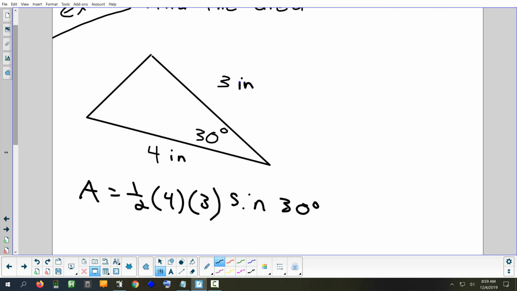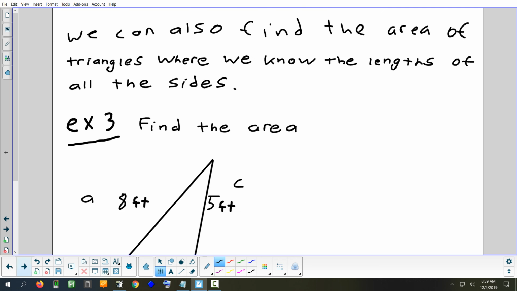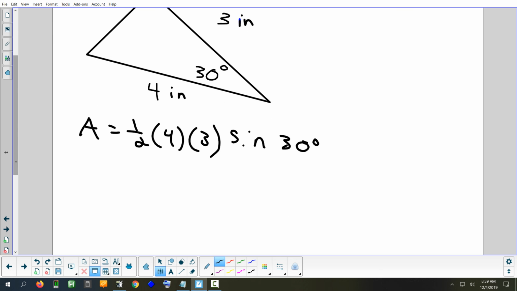Now, again, we just did sine 30. It's not always going to be 30. It could be different angles. But since it's 30, we should be able to do this one without a calculator. So, Courtney, 1/2 of 4 gives me 2 times 3. 6. And Alyssa, what did we just get when we did sine of 30? Half of the number.